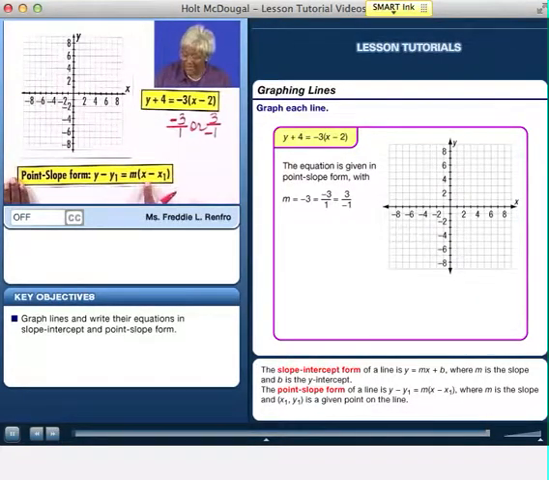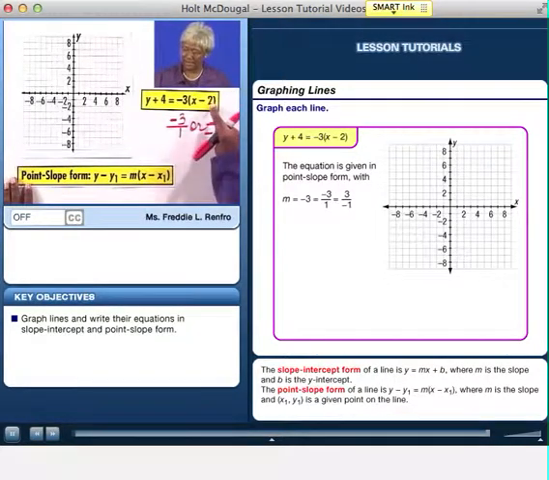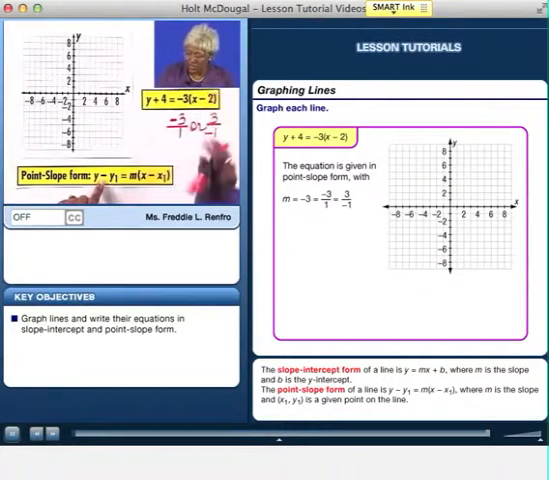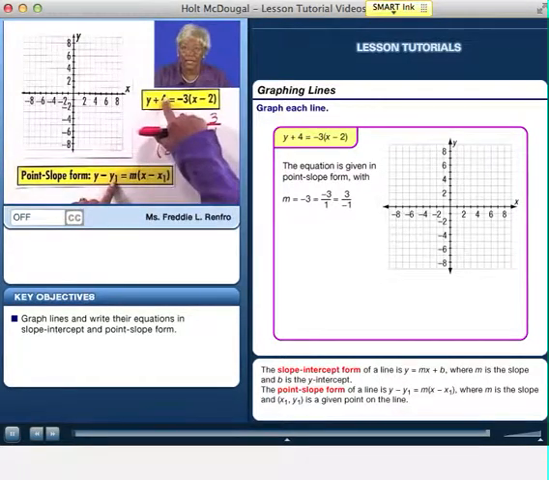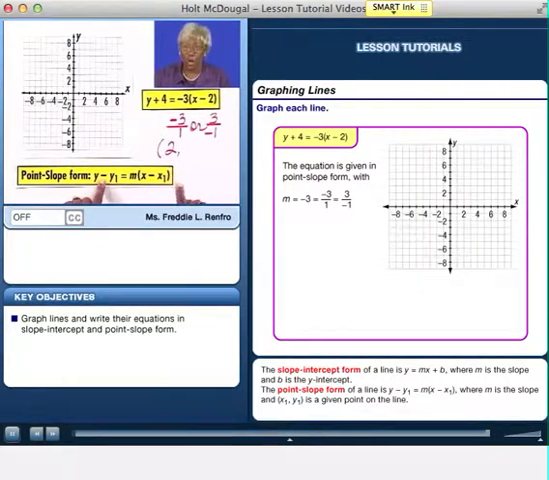Well, it says minus 2. So the x-coordinate is 2, and the y-coordinate, well, notice this. I'm going to go ahead and write this down. The x-coordinate is 2, and it says minus y sub 1, but this says plus. So what's our y-coordinate? It's -4.